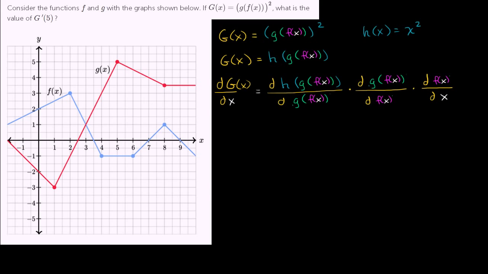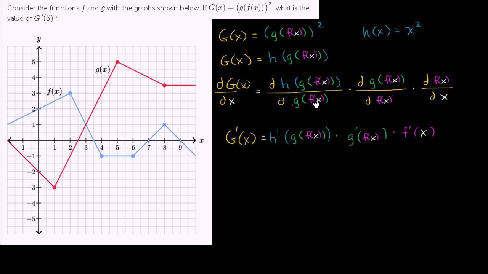Or another way we could write this is capital G prime of x is equal to h prime of g of f of x, times g prime of f of x, times f prime of x.